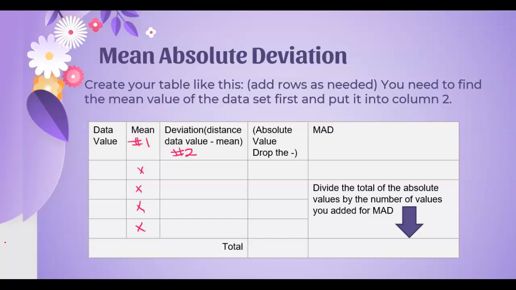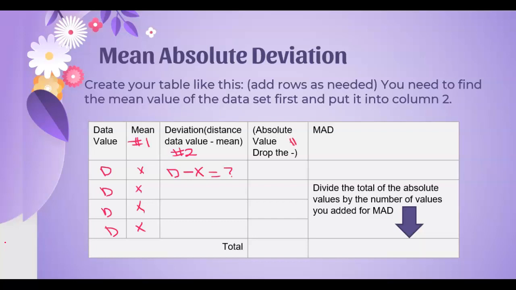You're going to put your data values over here. I'm going to say D for data values. Then you're going to subtract your D minus your X. This is going to give you this value here and here. Then you drop the negative sign.